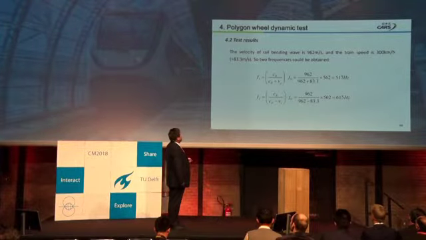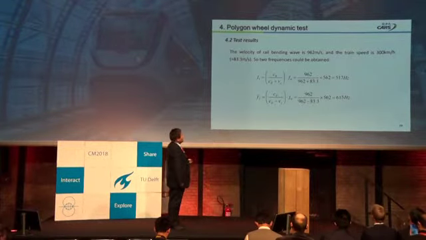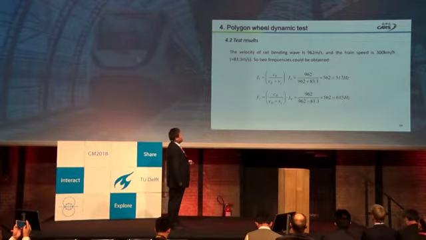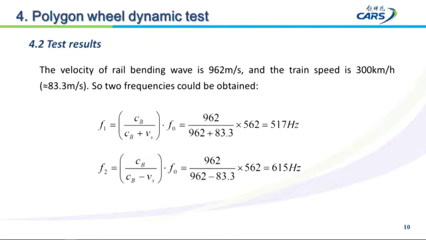F1 is 517 and F2 is 615, which are similar to the test results. So we verified the Doppler effect by the polygon wheel dynamic test.